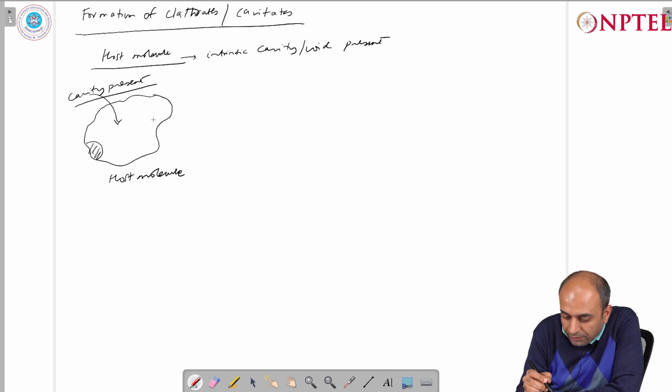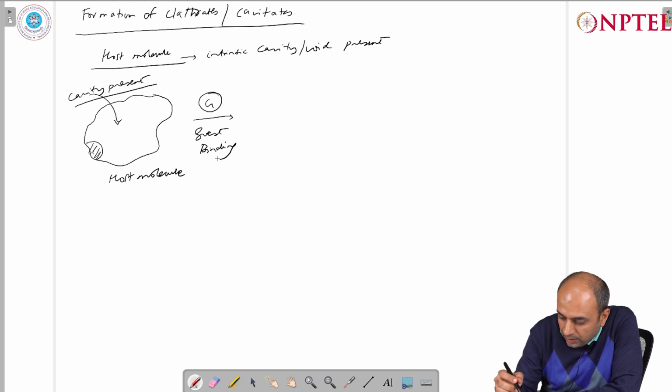Now, this cavity which is present is now available for guest binding, and the guest can now get included in the cavity of the host molecule.